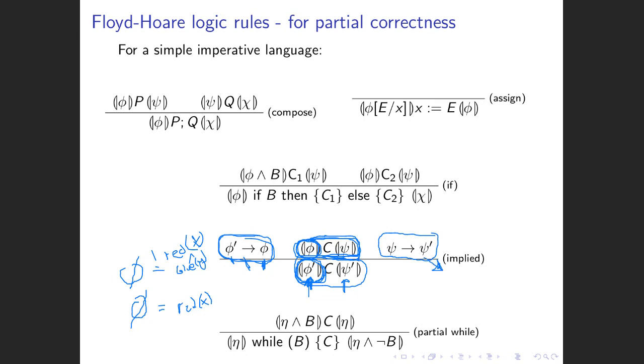So if you've concluded psi, and then psi in turn implies something else, then you can conclude that something else. So that's just a basic rule of logic. If you figured something out and that something tells you something else, then you're allowed to conclude the something else.